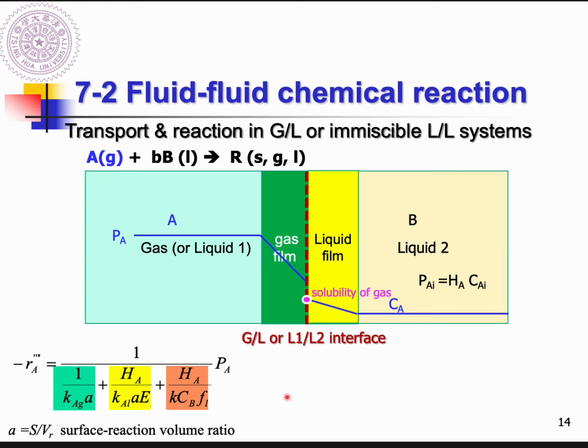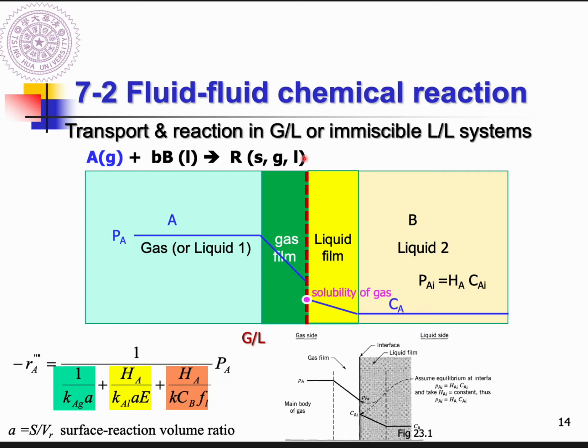In the bulk liquid, there is probably a reaction, so we also have a resistance for these chemical reactions. All these belong to series resistances, so you have resistance 1 plus resistance 2 and resistance 3, and the sum is the total resistance for these reactions.